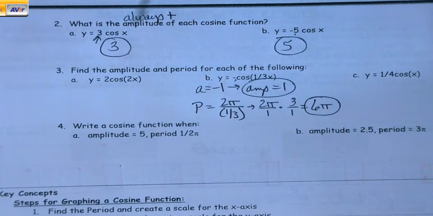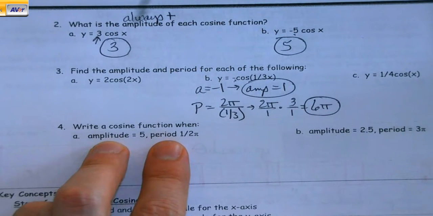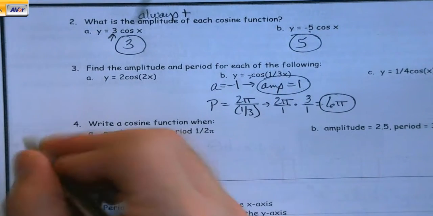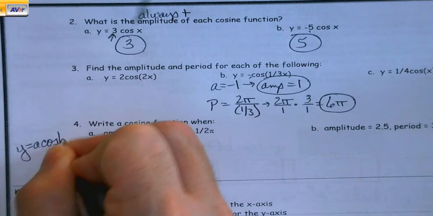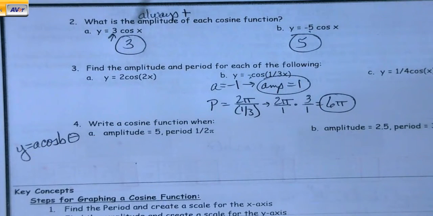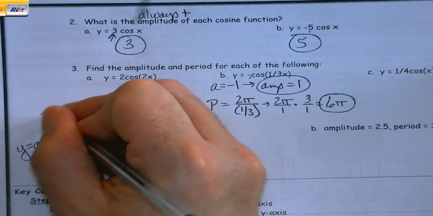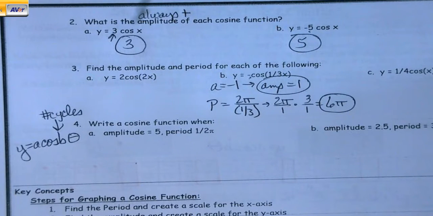So then it says write a cosine function. Okay, but instead of giving me a and b, they're going to give me the amplitude and the period. So when I'm going to write a function, what I've got to remind myself is that the b value isn't the period.